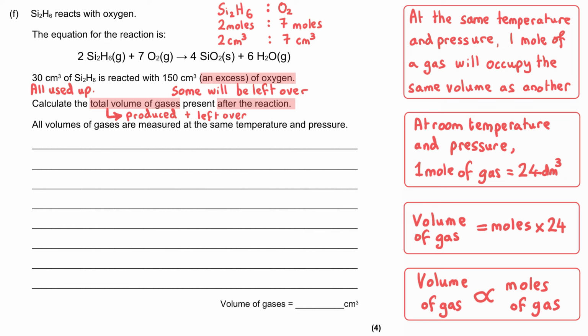To put this another way, whatever the moles or whatever the volume we have of Si2H6, it will require 3.5 times the number of moles or cm cubed to react with it.